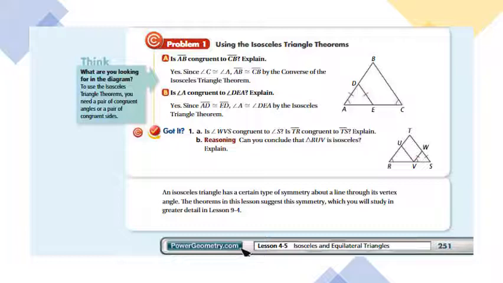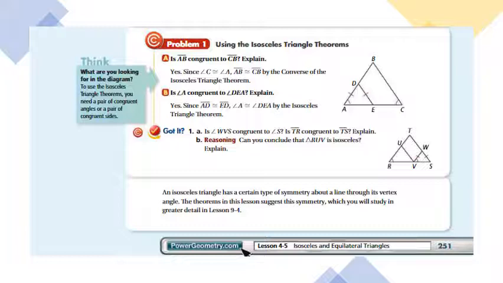So we can say that angle S is congruent to angle SVW, which is congruent to angle R in the big triangle. So from this, we proved that angle R is congruent to angle S.